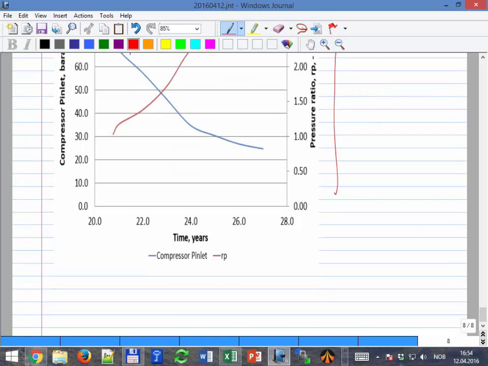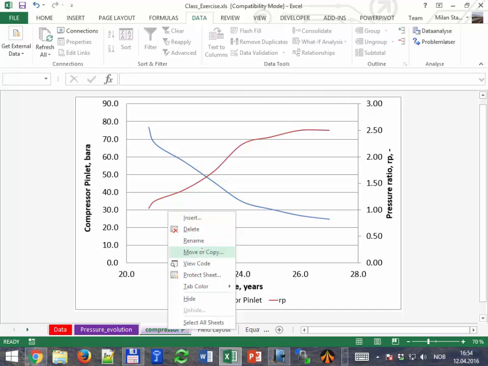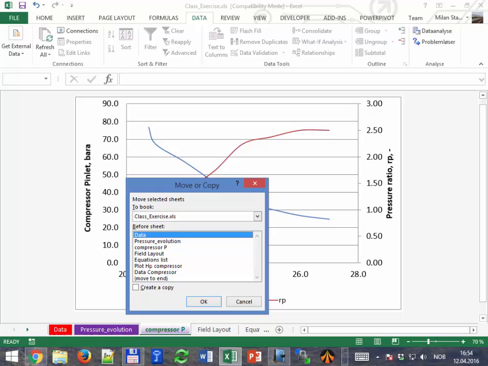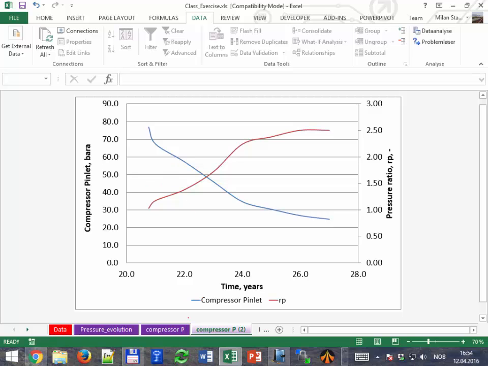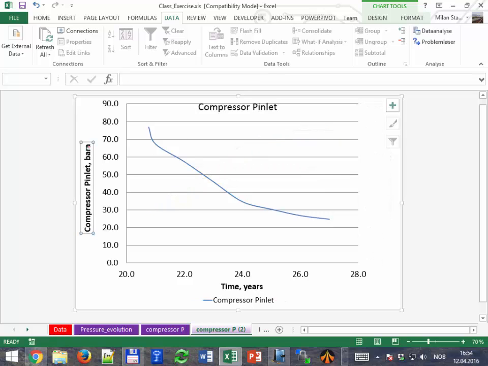Let's see how the rate goes in time. I think that we have to create one new plot, right? Okay, so we delete this one, for example, and then we put here field rate.